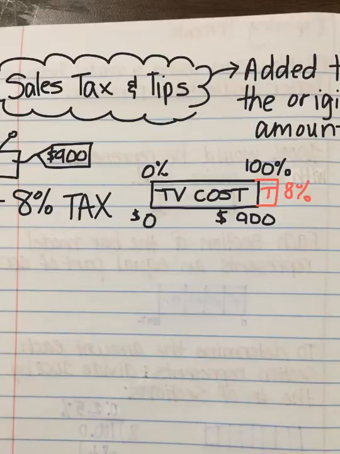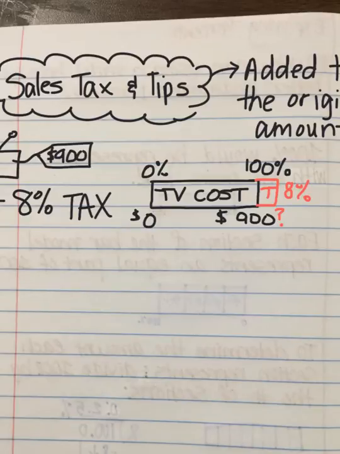Yeah, it's 8% of that original amount. Okay, so we're going to be adding 8% to that. So we need to figure out what is that amount. We're not quite sure yet. We got to figure it out. So remember, we learned in pre-AP, we learned about percent proportions. Okay, so we're going to use a percent proportion here and then add that back to our original amount.